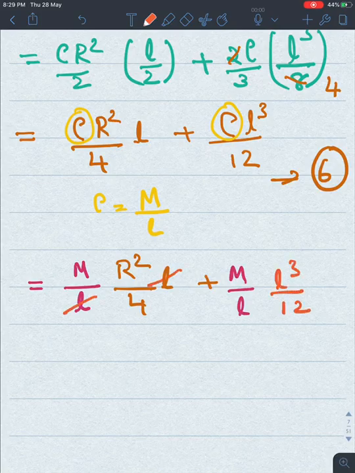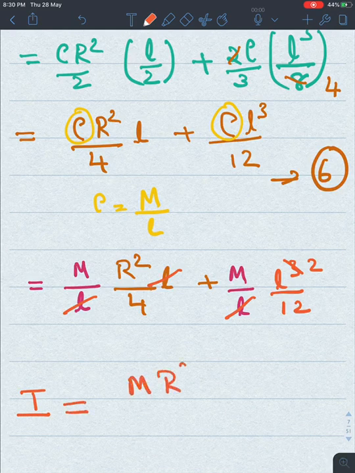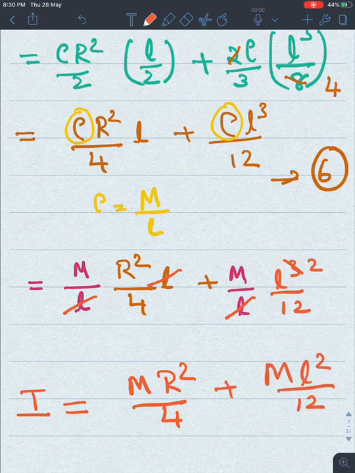So this L and L cancel, and the result, the moment of inertia of a solid cylinder, is m r square by 4 plus m L square by 12.